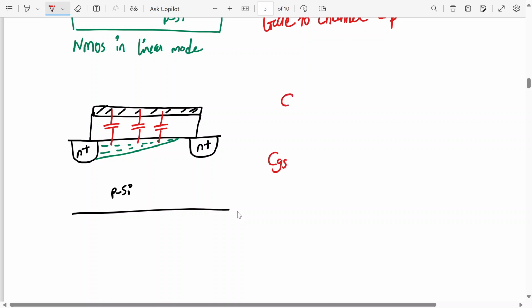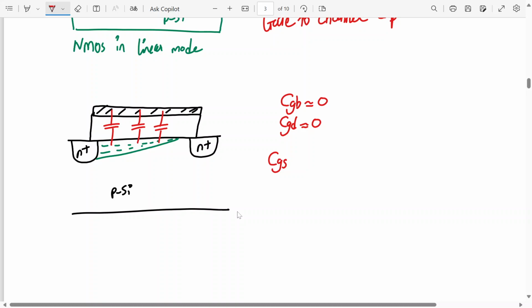Whereas CGB is 0 because the N channel isolates my gate from the P silicon, and CGD is also 0 because there is no channel formed near the drain region here, correct? The N channel is existing but does not extend to the drain, that's why CGD is also 0.